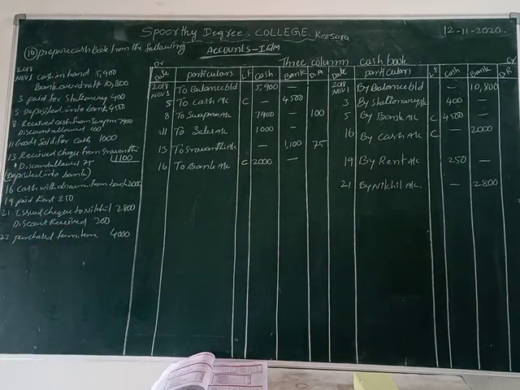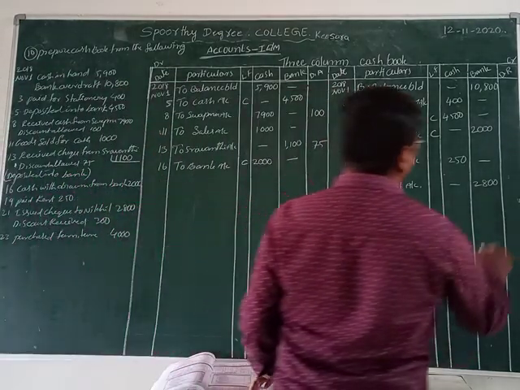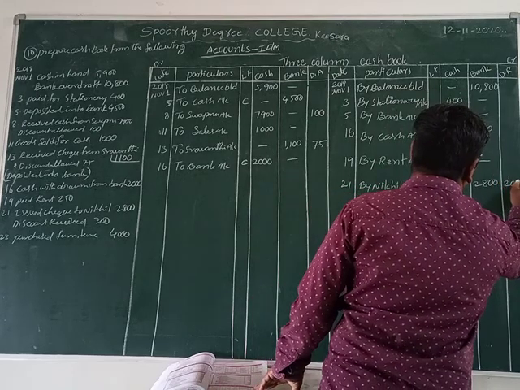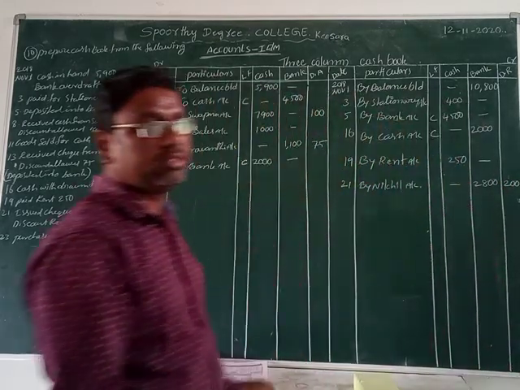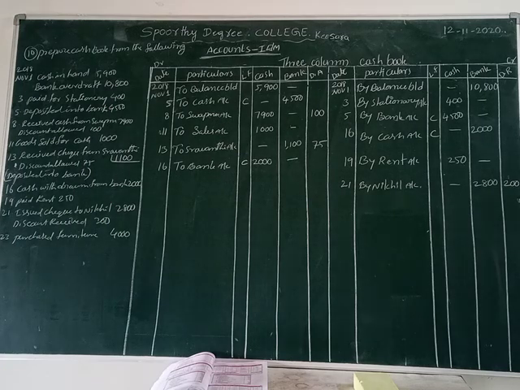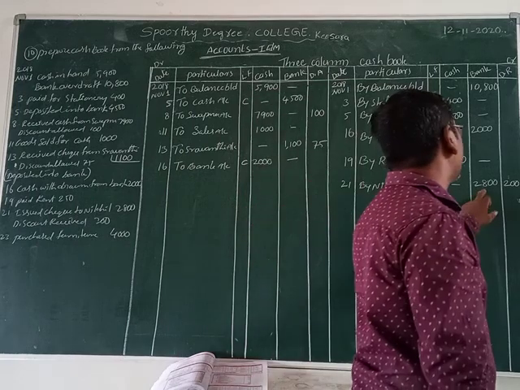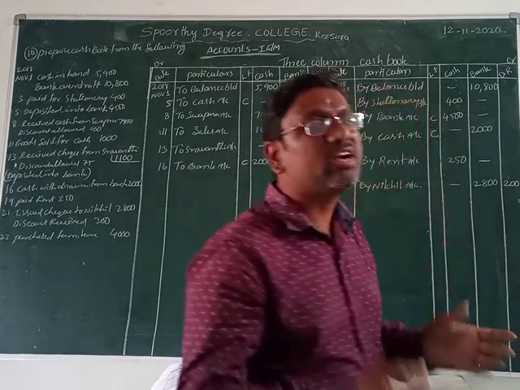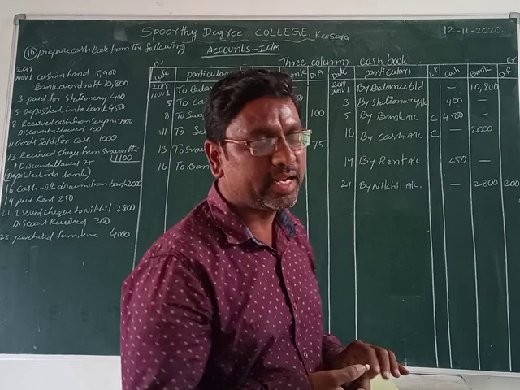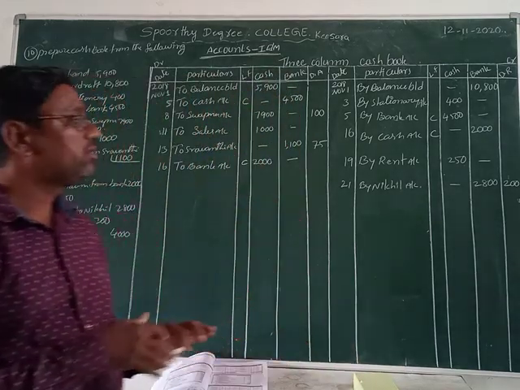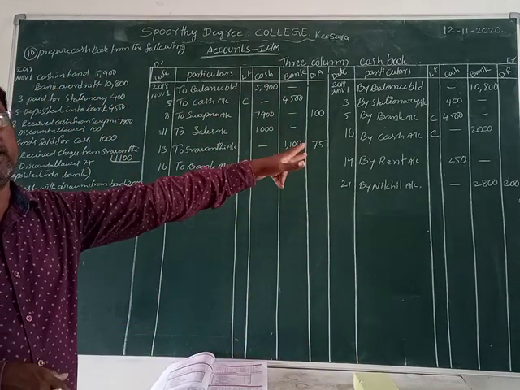But the discount received amount is 200 rupees, isn't it? Check comes in, that's why we record in the bank column. Why? Because Nikhil is receiving the check. That's why we record it in the credit column.